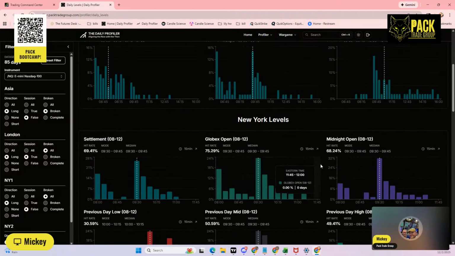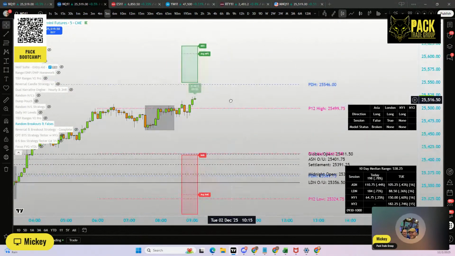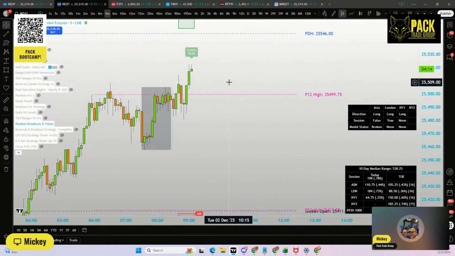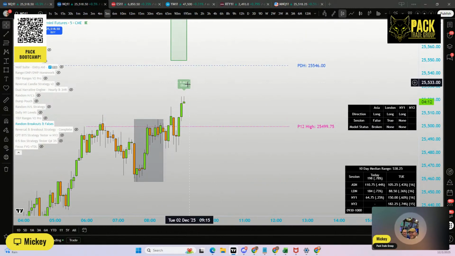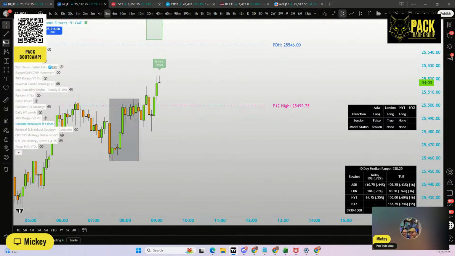We can see P12 mid is also a 90% target that we should target between 9:30 and 10:15. So this is going to be a game of waiting for live price to confirm it. We're inside a previous day footprint or wick, so we're either going to reject here or we're going to sweep the high and then expect it to go lower.